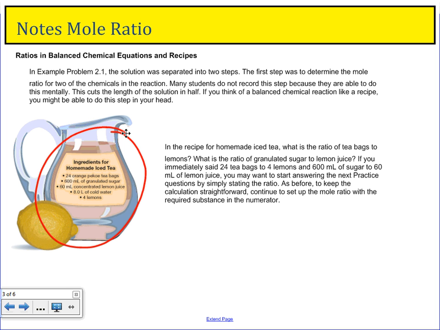And then what is the ratio of granulated sugar to lemon juice? If you immediately said 24 tea bags to 4 lemons and 600 milliliters of sugar to 60 milliliters of lemon juice, then you may want to start answering the next practice questions by simply stating the ratio. As before, we need to continue to set up the mole ratio with the required substance in the numerator.